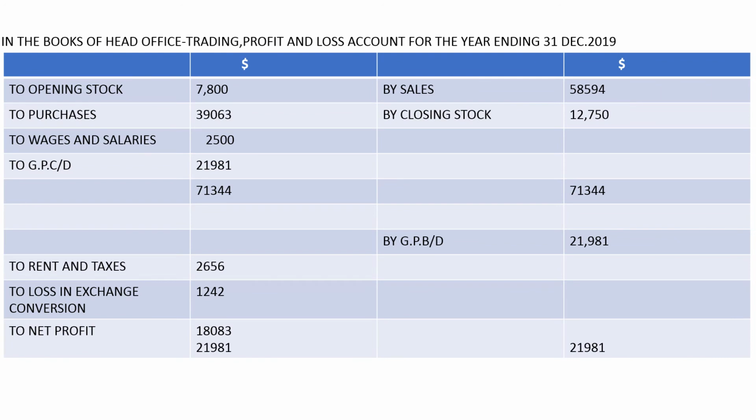Now we are going to prepare, in the books of head office, the trading profit and loss account for the year ending 31st December 2019, after converting the trial balance into head office currency.